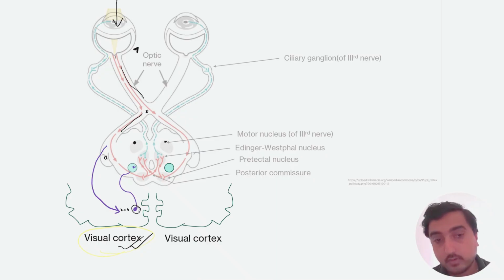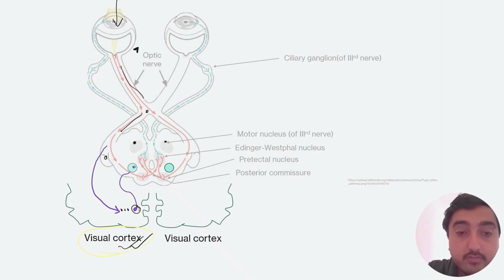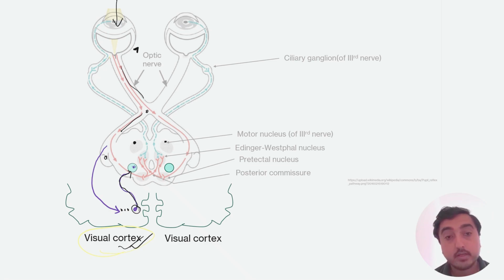Visual cortex projects to the frontal eye field area, and from the frontal eye field area we have another neuron traveling towards the midbrain, not into the pretectal nuclei but into a nuclei that is anterior or ventral to the pretectal nucleus. So that is the near reflex center in the midbrain. I've highlighted it with these blue circles, right?